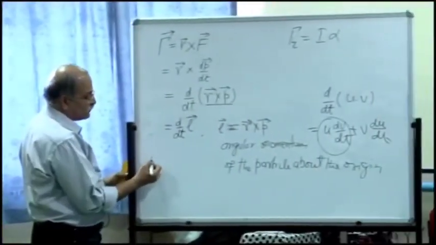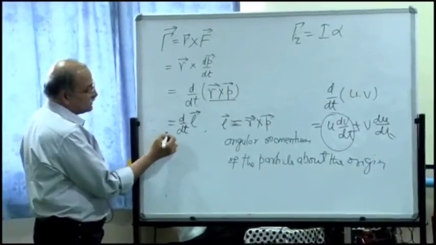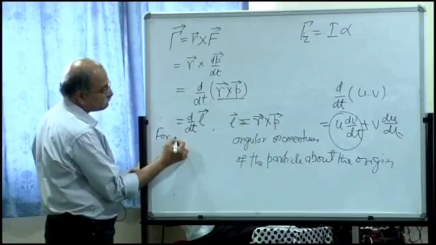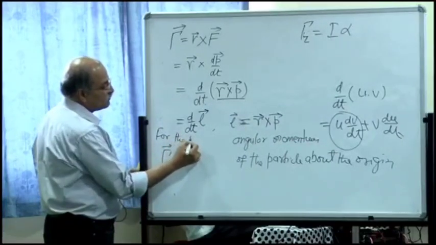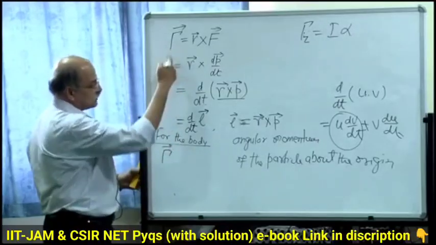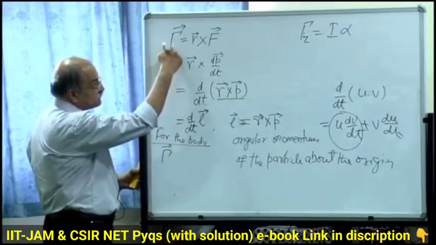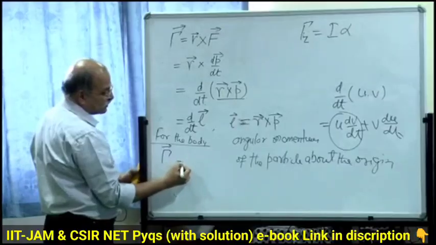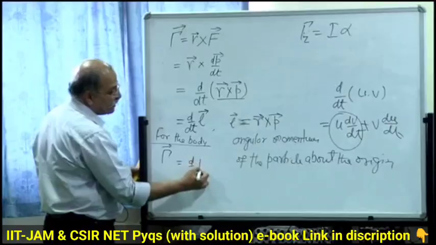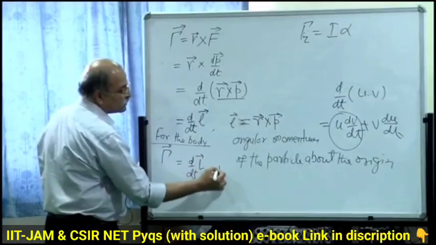So I have torque. Now this is for each particle. Now for the whole body, for that object, the total torque, this was at one particle, now I am writing total torque. That will be equal to d/dt of total L. And what is that total L?